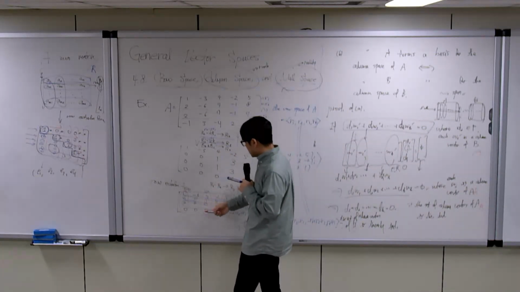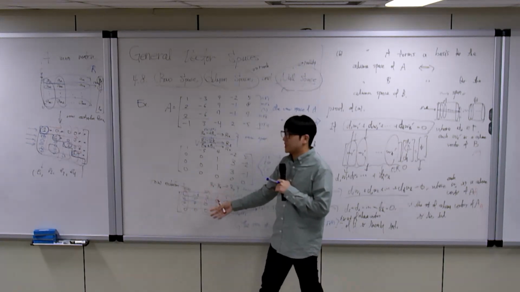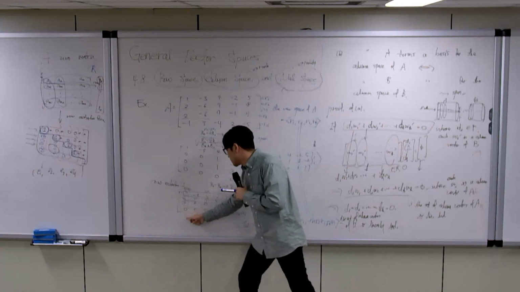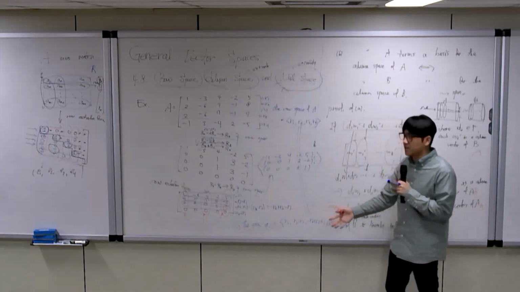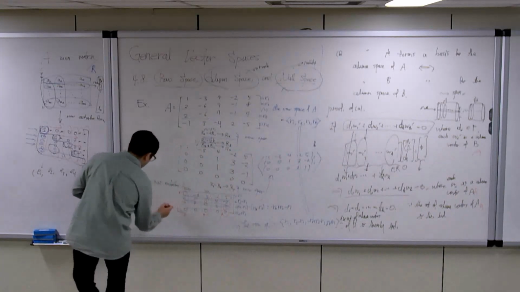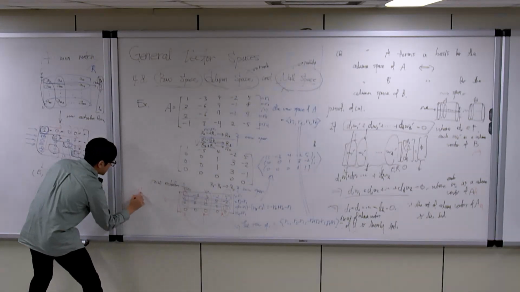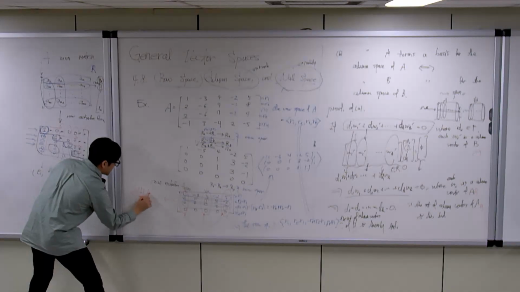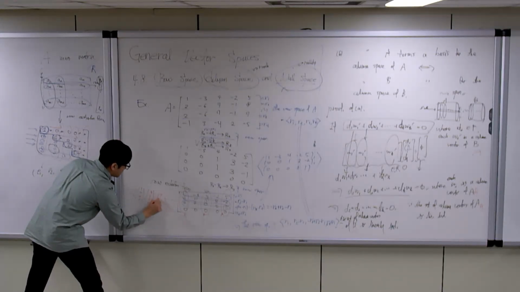in here, the column space would be spanned by the three vectors having leading ones, because the column space will be spanned by 1 0 0 0, 0 1 0 0, and 5 minus 2 1 0.